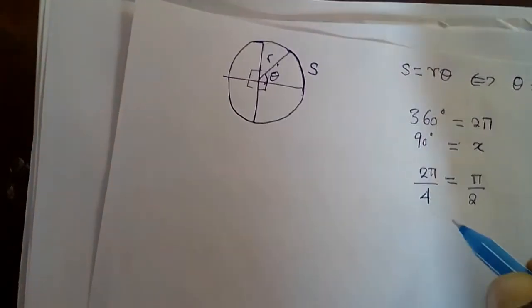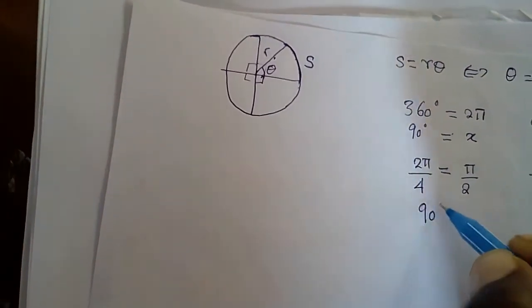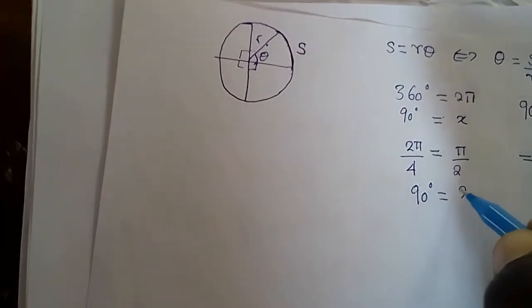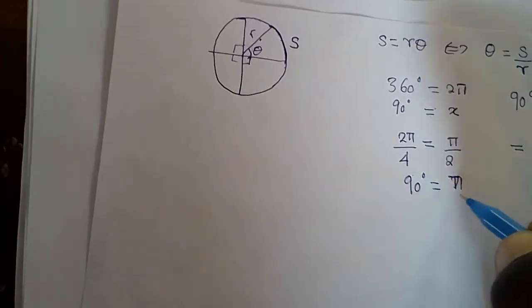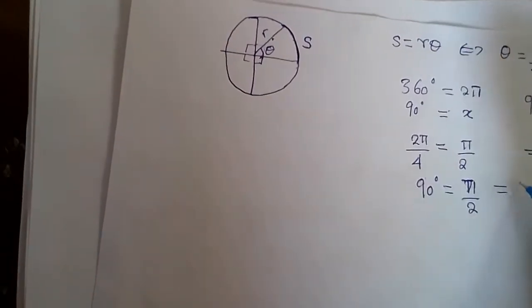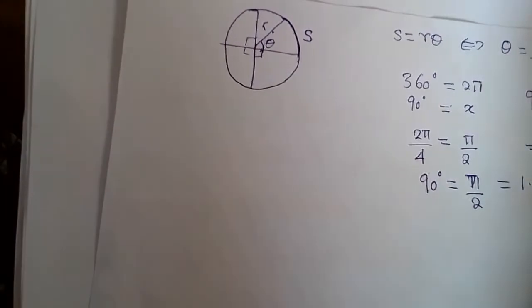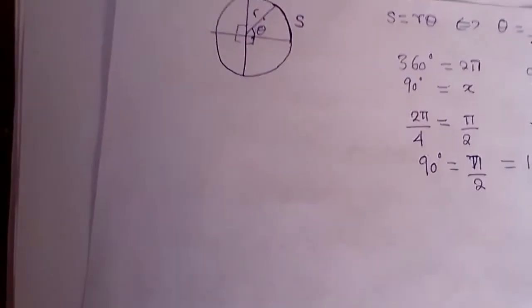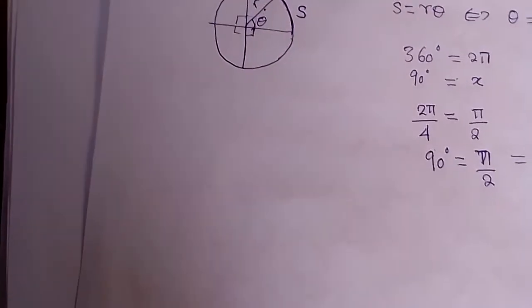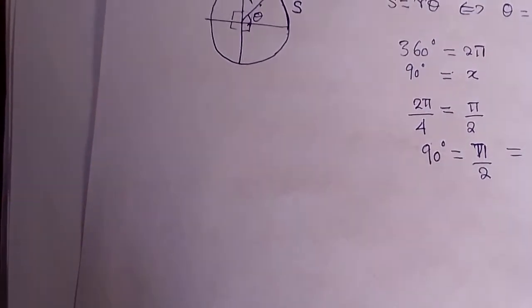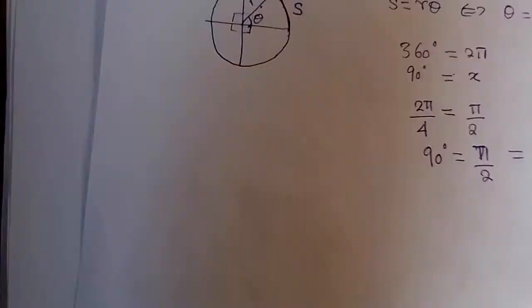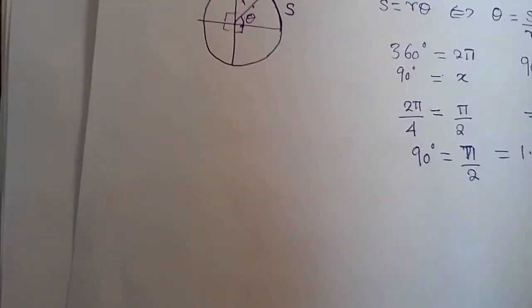So 90 degrees is equal to pi over 2, which is also equal to 1.57 radians. You can prove that if you divide pi by 2, you get 1.57 radians, or 1.571 if you keep on rounding off like that.